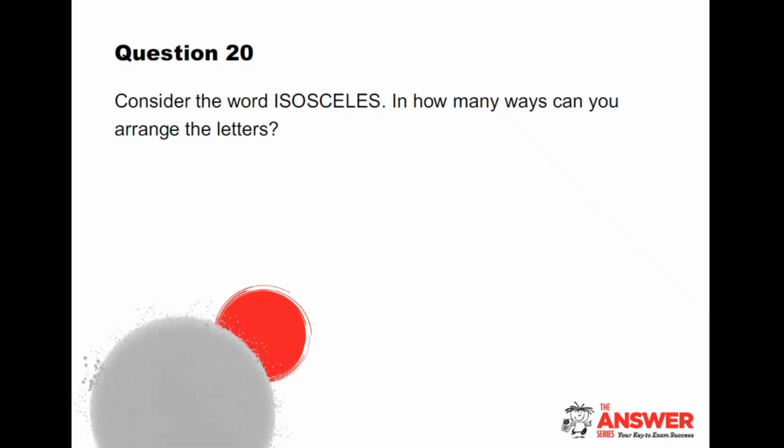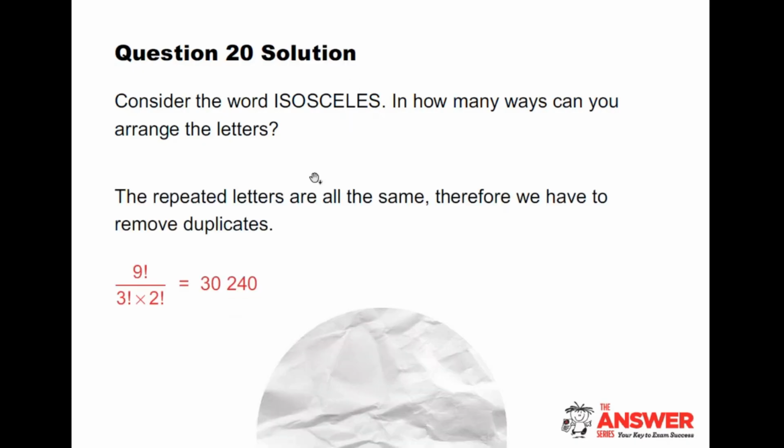It's the same S. So what do I have to do to my 9 factorial? I have to divide it by 3 factorial. Why 3? Because there are 3 S's. I also have to divide it by 2 factorial because there are 2 E's.